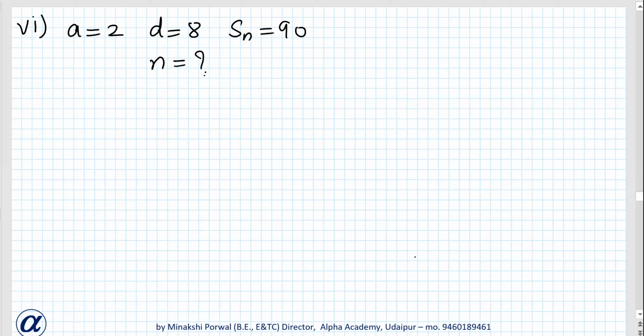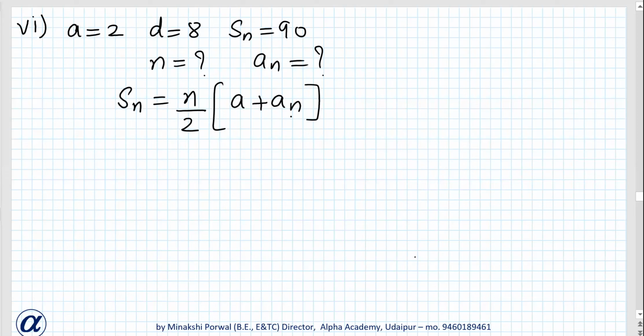N we have to find and An we have to find. Sn equals n by 2 times A plus L, and L is An only. But n and An both are unknown.